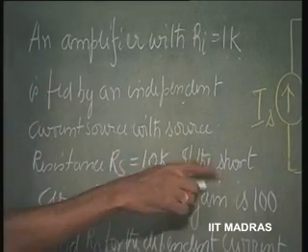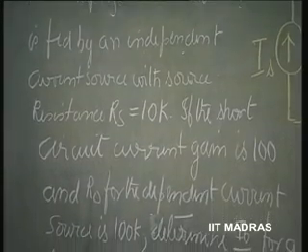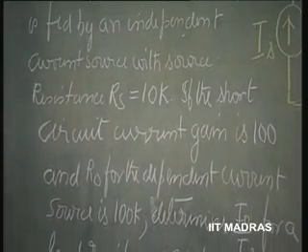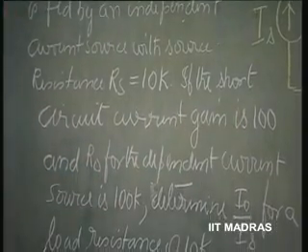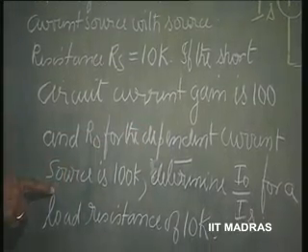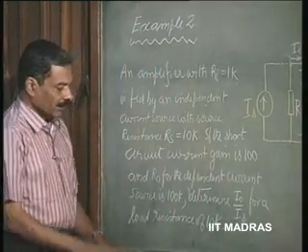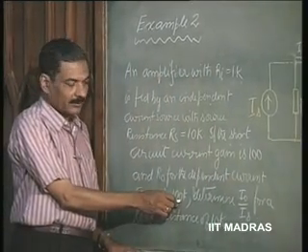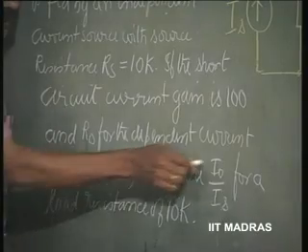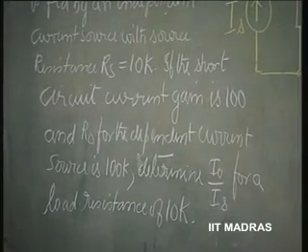The short circuit current gain is 100, that means K is 100, and R naught of the dependent current source is 100 K. Determine Io over Is, that is the current gain, for a load resistance of 10 kilo ohm.